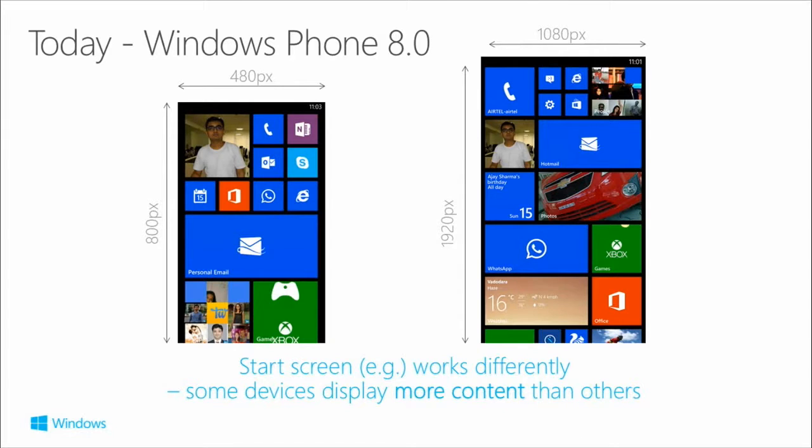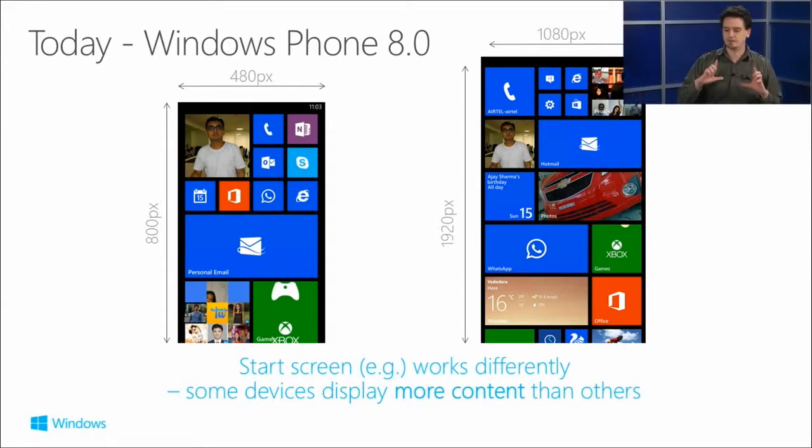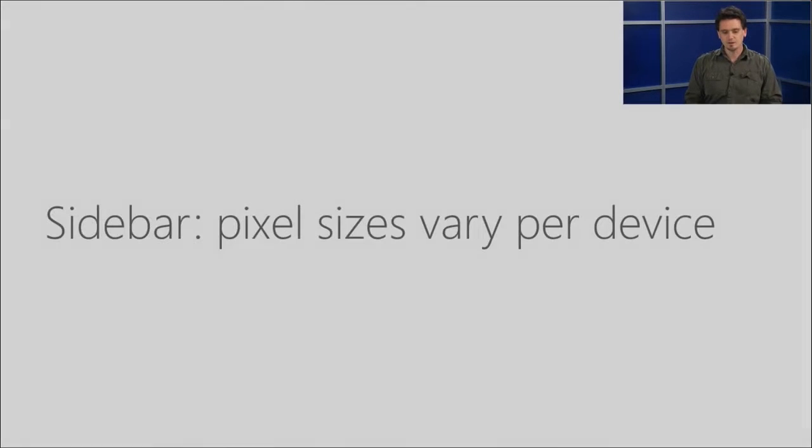And so we saw with the 1520 GDR3 update that we had an extra button and an extra row of tiles, so that we gave users with more screen real estate a better option for accessing all of their information, getting as many tiles and as much information on the screen at one time.